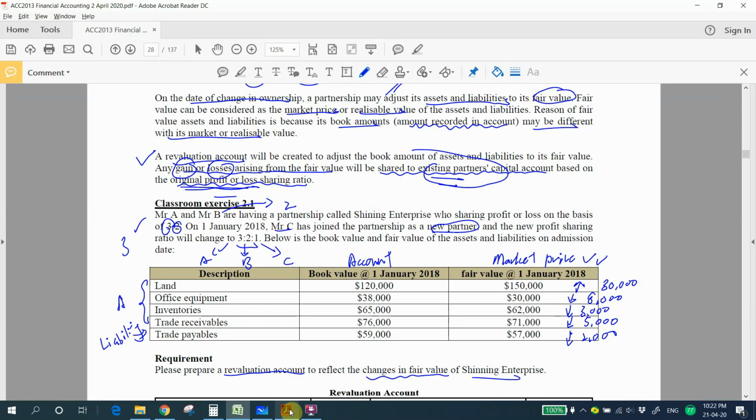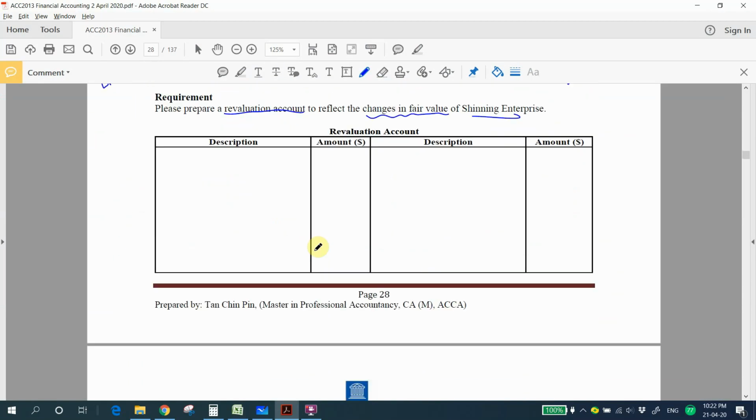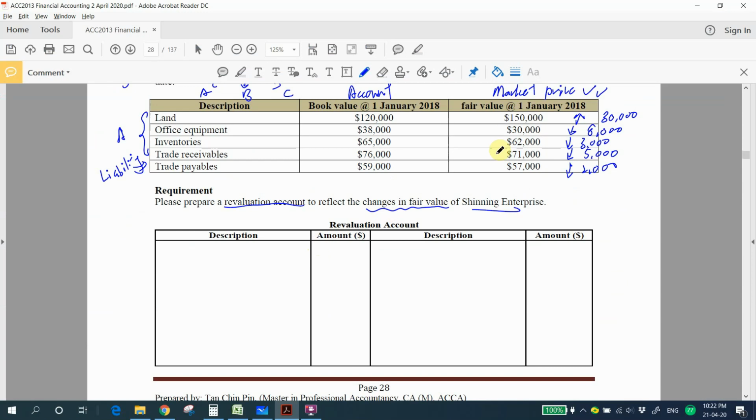Next, before that, let me highlight something to you. For the revaluation account, if you have an increase in the asset, you record on the credit side. When you have a decrease in your liability, you also record on the credit side.